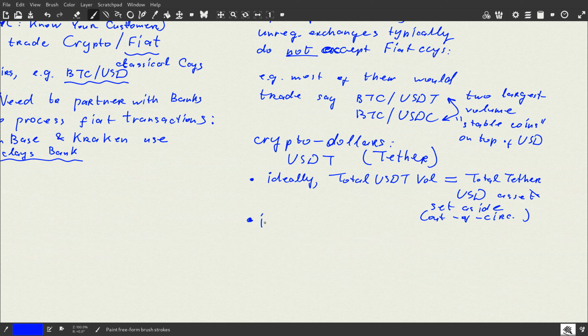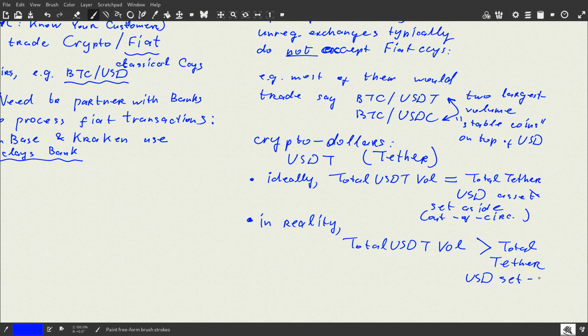In reality, total USDT volume or size is greater than total Tether USD set aside assets. So USDTs in circulation are not completely backed by set aside USD assets of Tether.